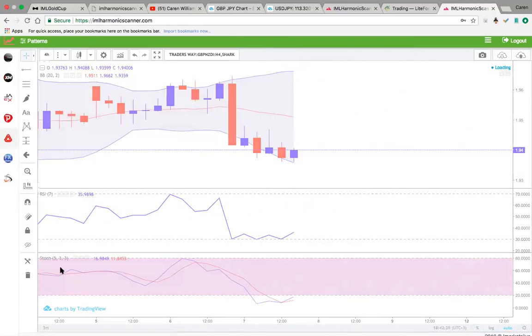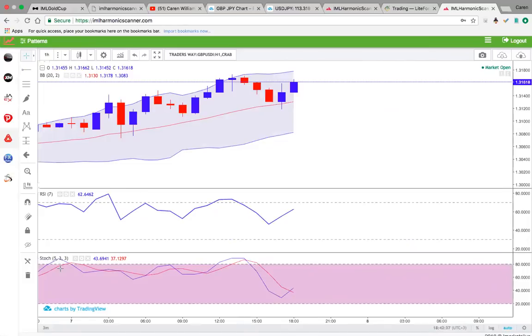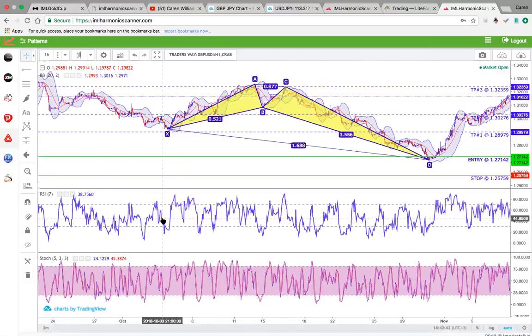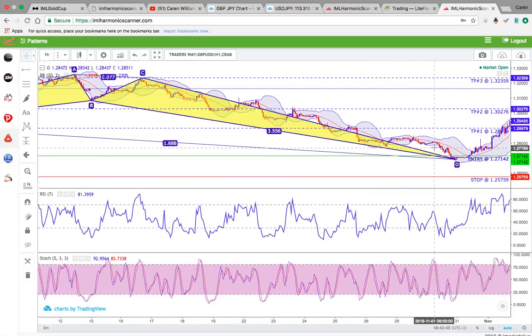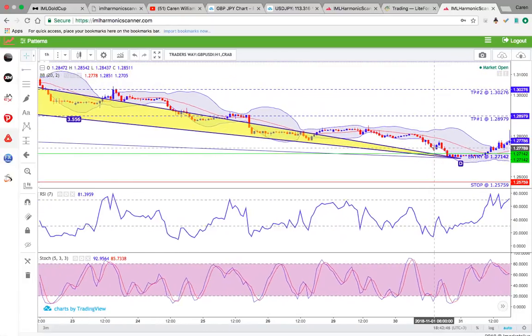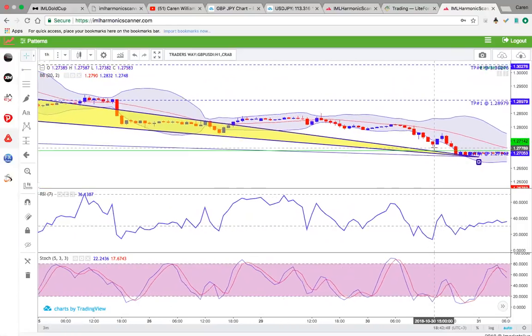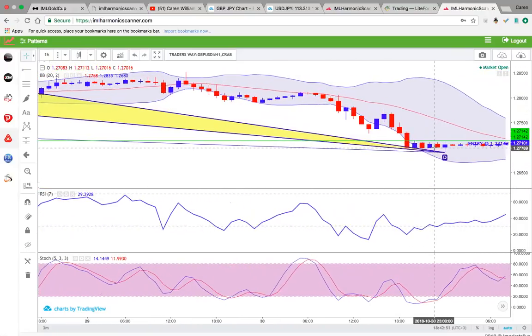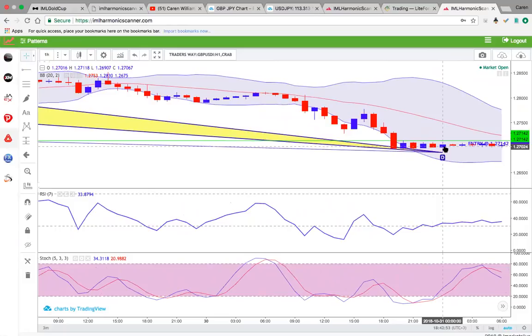I'm going to do GBP USD. We're focusing on the candle at the D. In this case, the candle at the D is not touching the bottom of the Bollinger Bands.